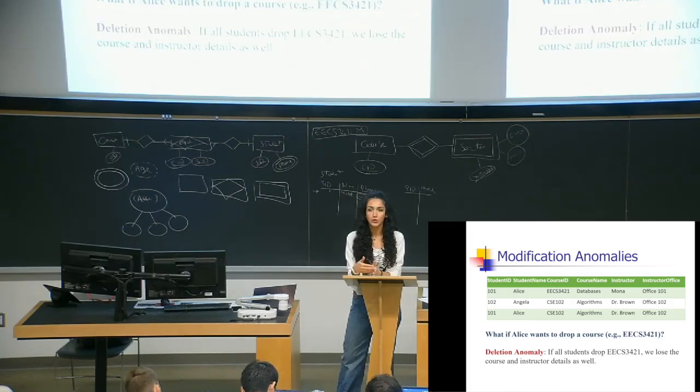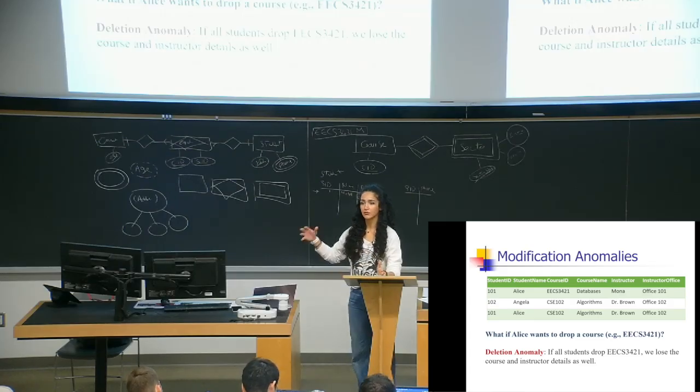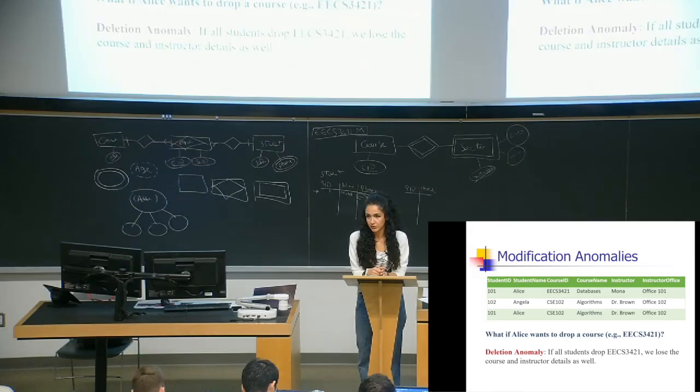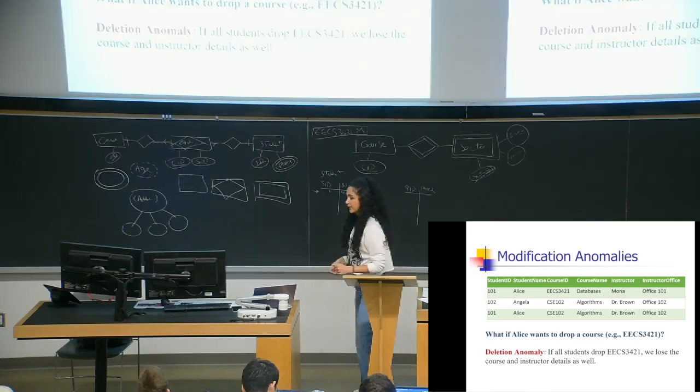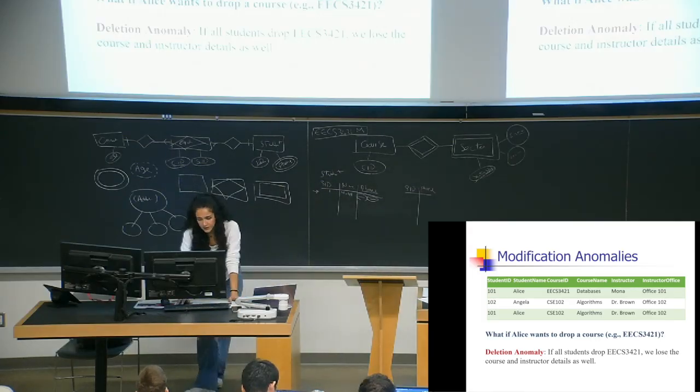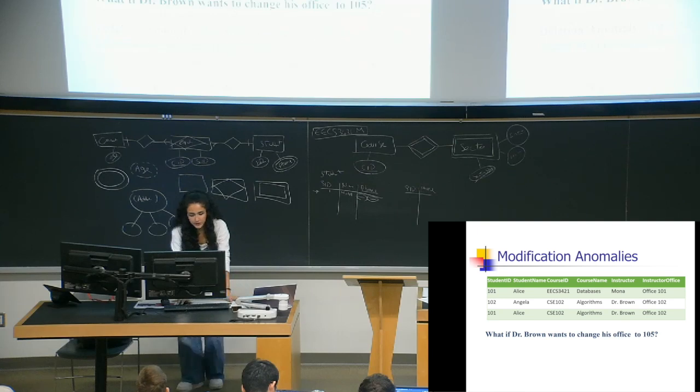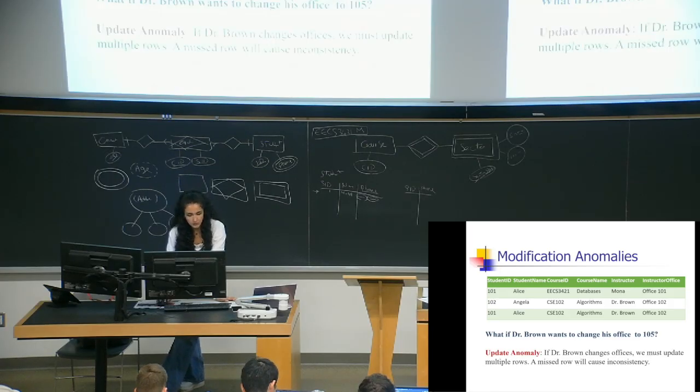Or you want to update something, but you end up updating maybe hundreds of other values, which is inefficient. What if, for example, this is the update case that your other friend mentioned. What if Dr. Brown wants to change his office to 105? Then you have to update multiple rows, in this case 2 rows, but in reality, it could be hundreds of rows, right?